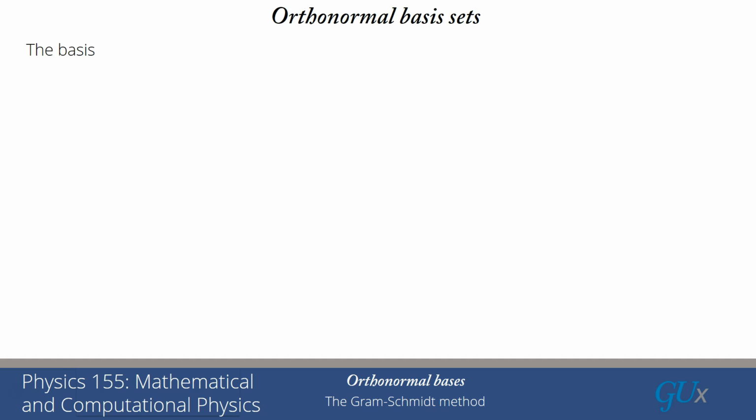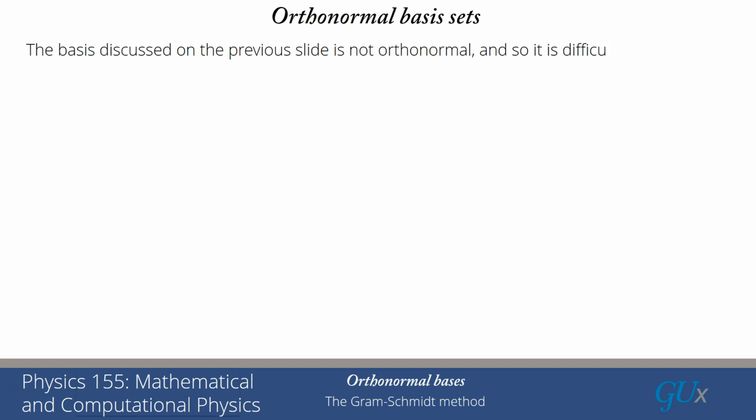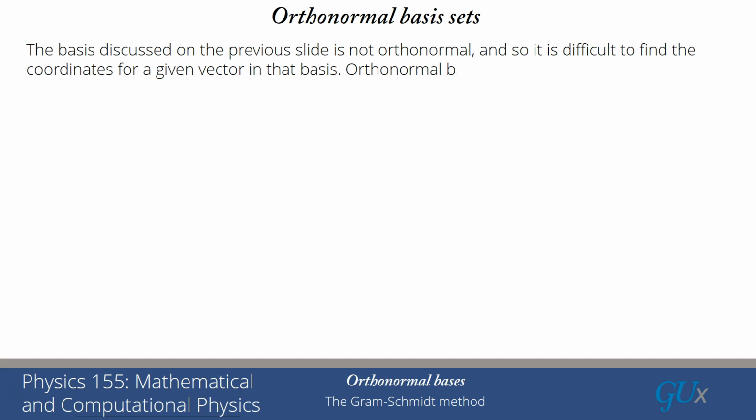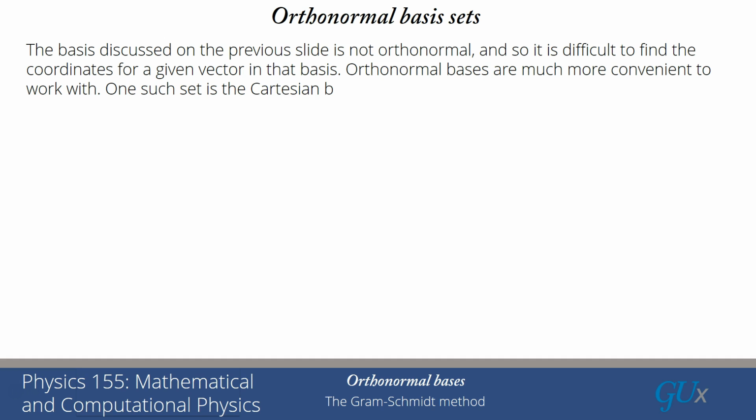All right, so in general, we would rather work with orthonormal basis sets. The basis discussed on the previous slide is not orthonormal. So Ui dot Uj is not equal to 0 for every i not equal to j. And it's much easier to find the coordinates when you have an orthonormal basis.